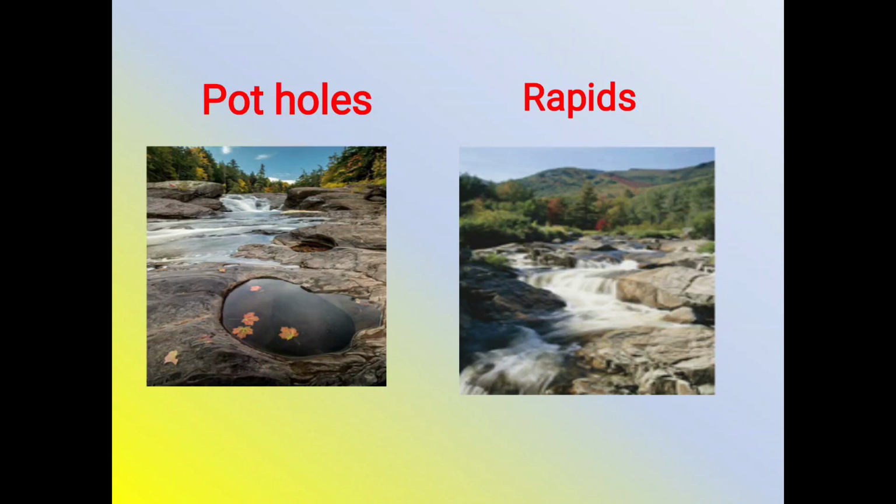The next feature is number 3rd, potholes. These features develop in the upper course of a river due to its erosive action. In many areas, the beds of the rivers have a number of joints or cracks. The large fragments carried by the river erode joints more easily and rapidly, forming small depressions.